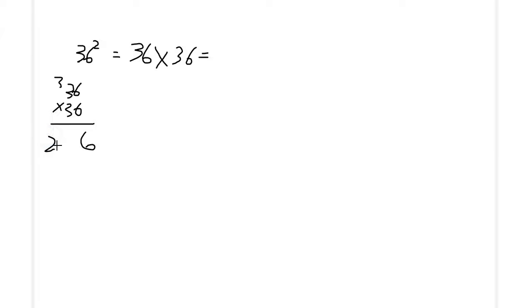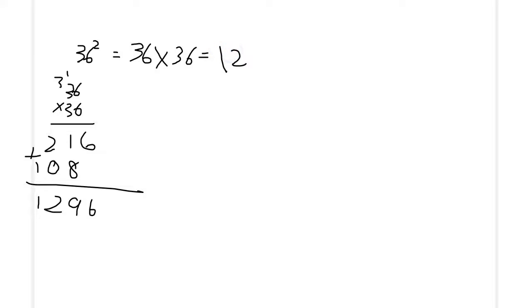So this one you get 1296. So there you have it. Square for larger numbers actually is quite straightforward. You just times the number by itself, and you can use a multiplication table.